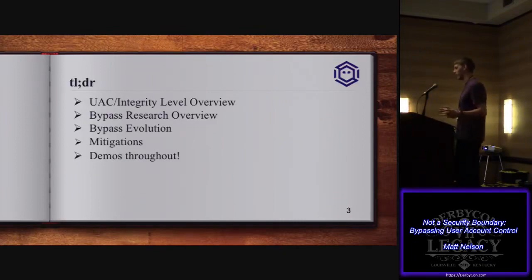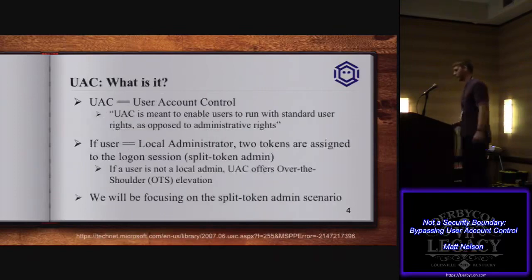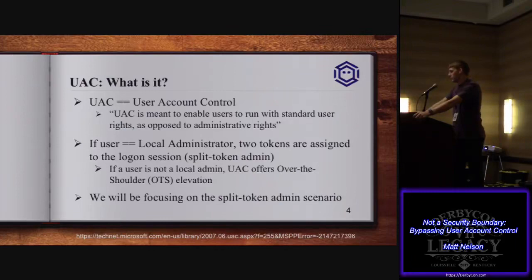Matt Graeber has done a great job of inspiring me to talk more about my thought process, instead of just showing the cool stuff that I've found, right? So we're going to walk through the methodology for one specific bypass. Obviously, methodology changes around different stuff that you're researching. So we'll cover that, and then we're going to go into how the various bypasses have evolved over the last few years, and then mitigations, which there's literally one. We'll talk about that at the end, and then obviously demos throughout.